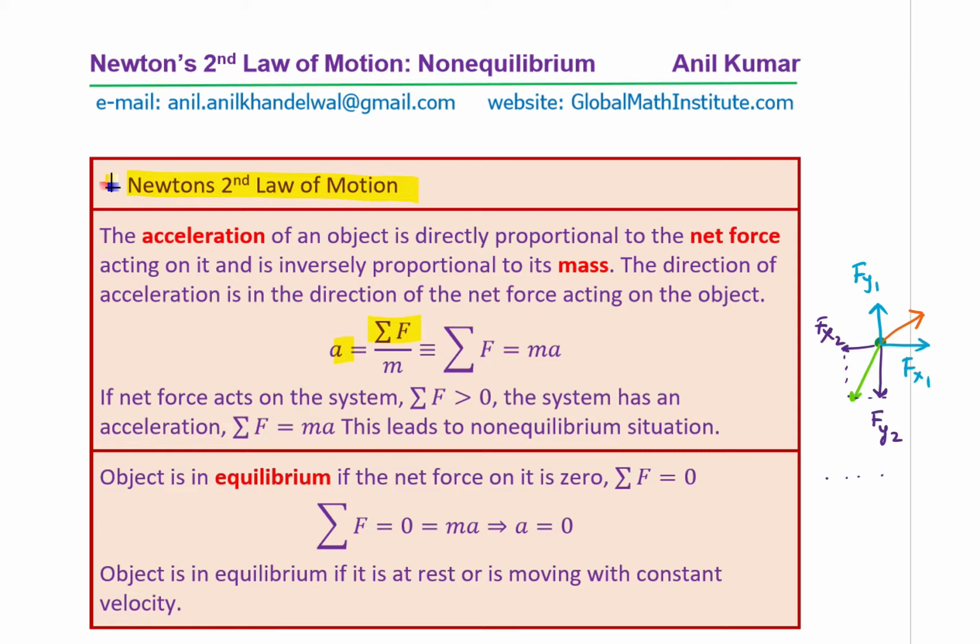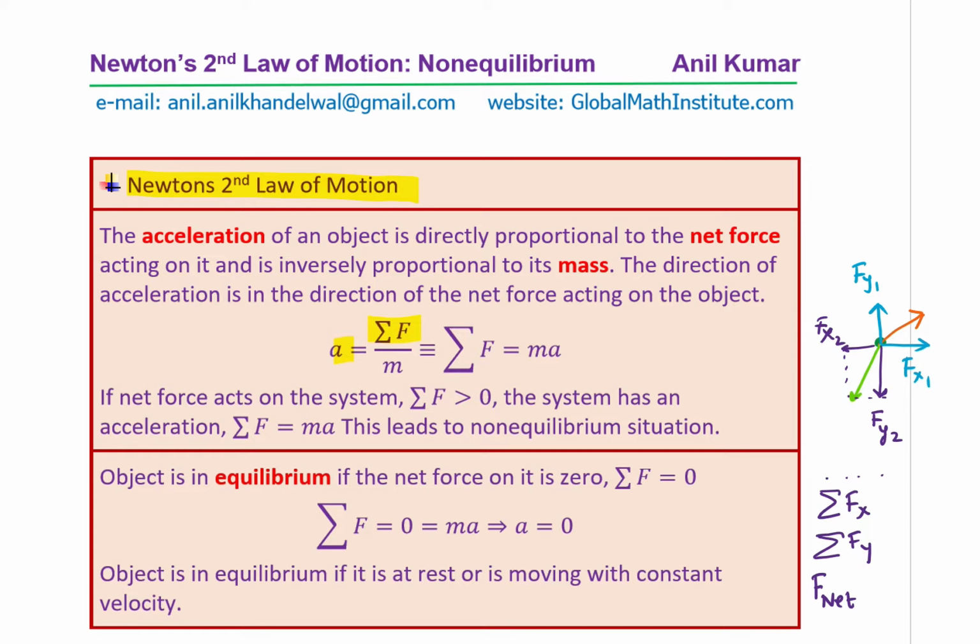So likewise, we could have many forces. When we say the net force, we are trying to find the sum of the forces in the x direction, and then we'll also find the sum of the forces in the y direction. Do you see that? Now from here, we can always find the net force. So F net, which we are saying is this sigma, right, is the net force.